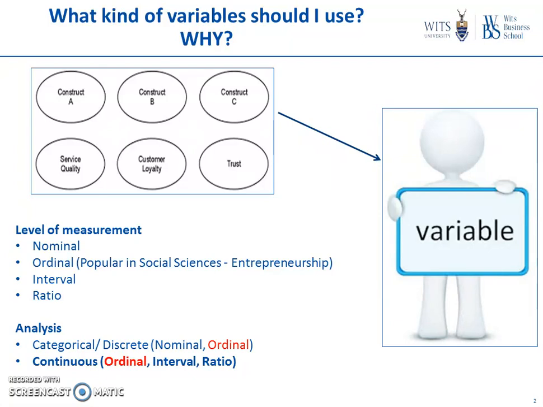So stick to that so that it's easy to make it measurable and to analyze it. So that's the advice I have for you: try to stick to continuous data. The data you collect must be continuous, and that allows you to do a lot of things and be flexible.